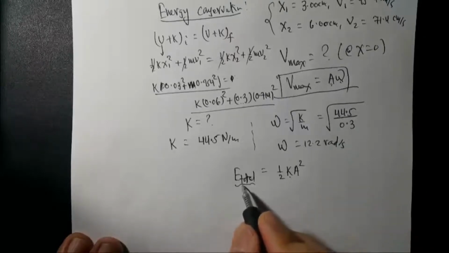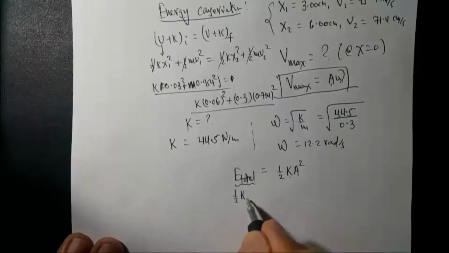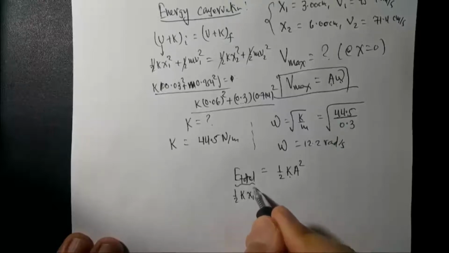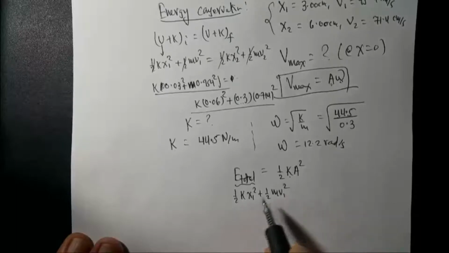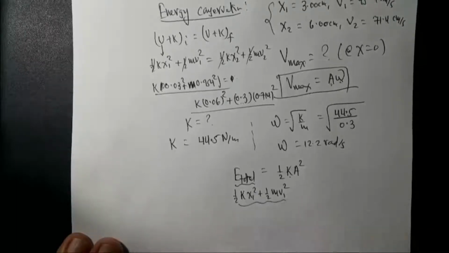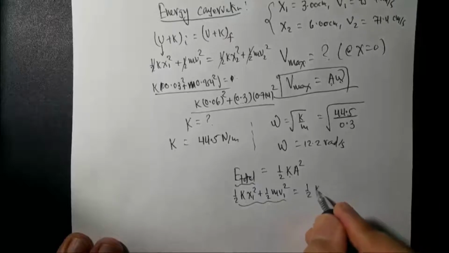You can use one of these: 1/2 K x1 squared plus 1/2 m v1 squared, or 1/2 K x2 squared plus 1/2 m v2 squared. One of those, because total energy remains constant.